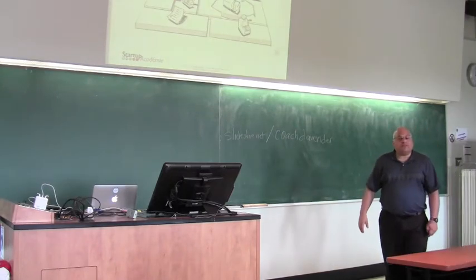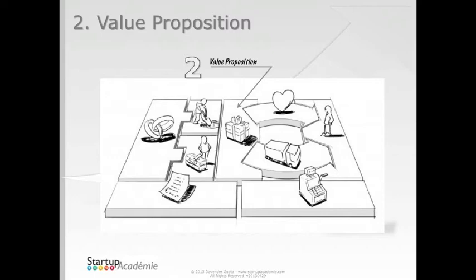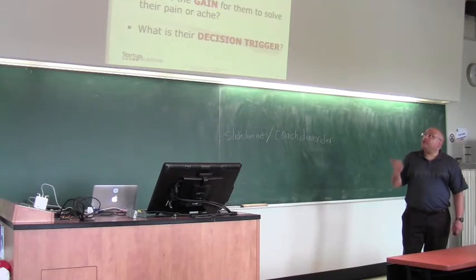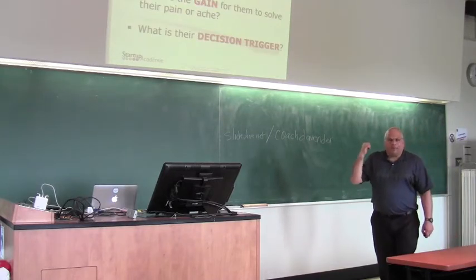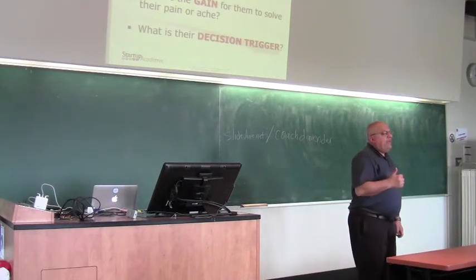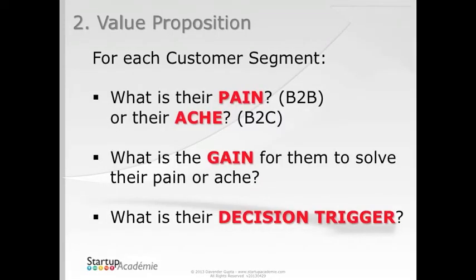So who is this customer segment, who are your users, who are your customers? Number 2, value proposition. The value proposition is, what is their pain? What is their ache? And in my coaching, I make a little difference. If what you're building as a business is towards a business, so if you're doing business to business, B2B, we have to really work on what is the pain, what is the problem, where's the friction.